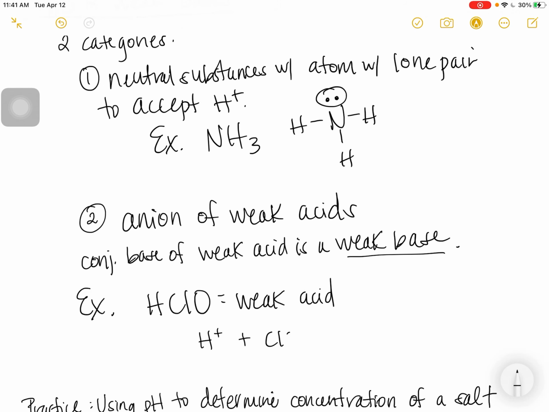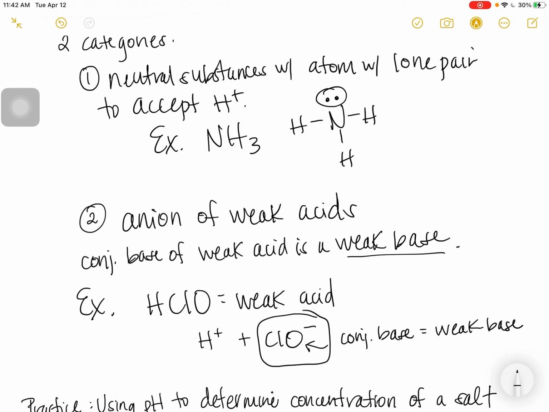So if you think about when it ionizes into H plus and ClO minus, this is its conjugate base. And since it's the conjugate base of a weak acid, we're going to say it behaves like a weak base. And if that's in our chart, we can look up the value of Kb for this species.